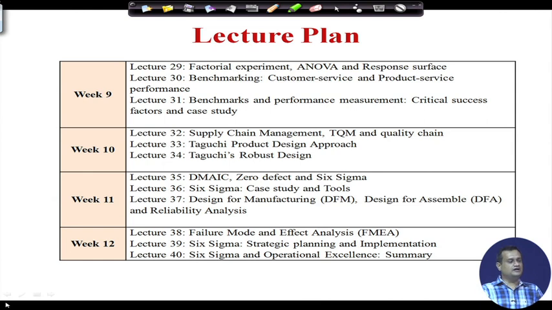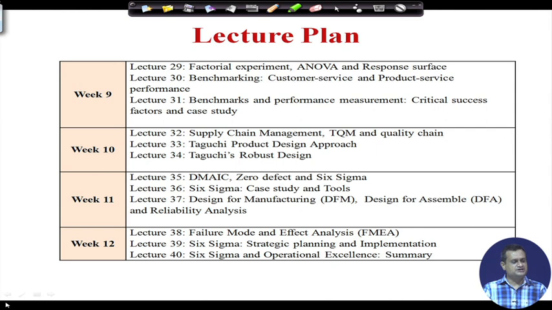Week 9 will include lecture 29 on factorial experiment, ANOVA and response surface, lecture 30, benchmarking, customer service and product service performance, lecture 31, benchmarks and performance measurement, critical success factor and case study.